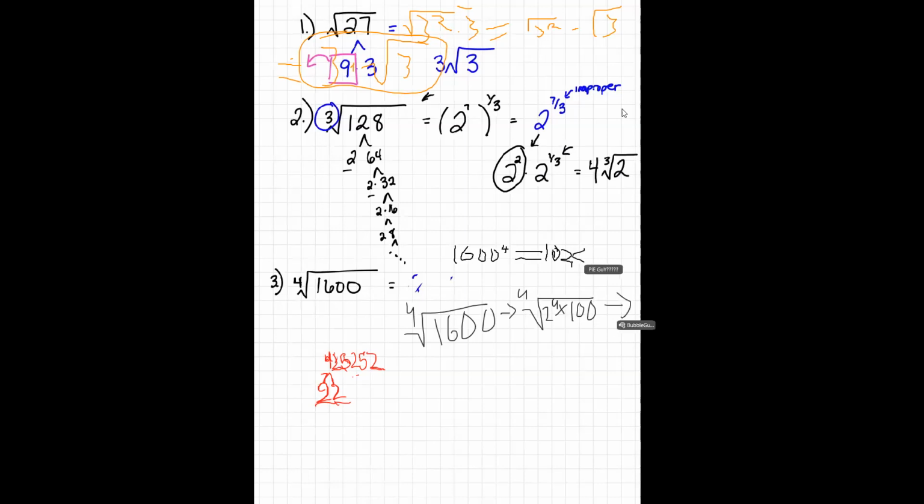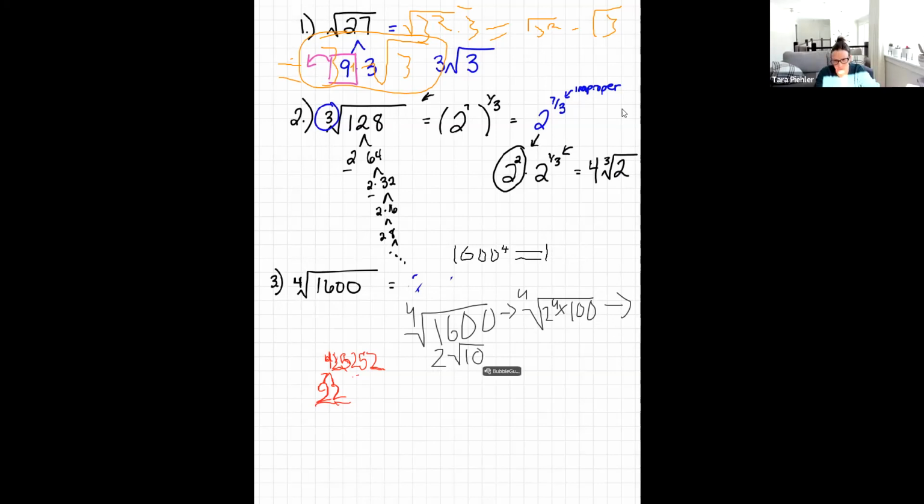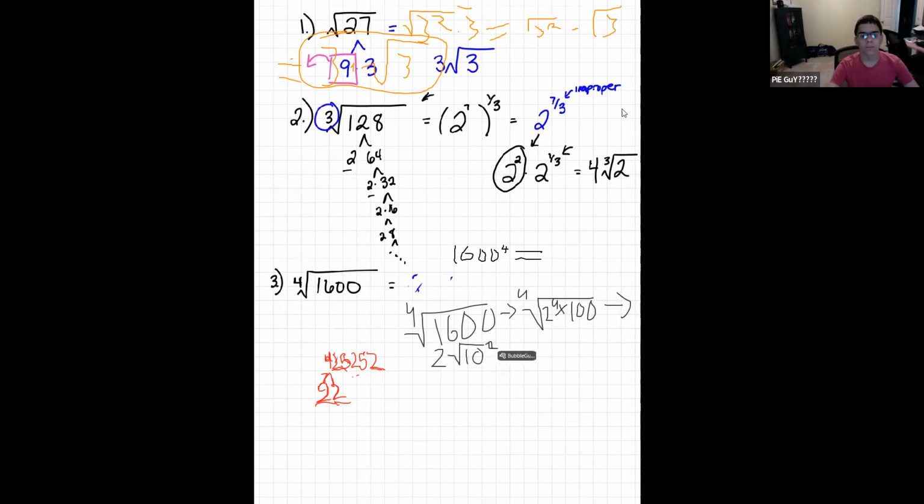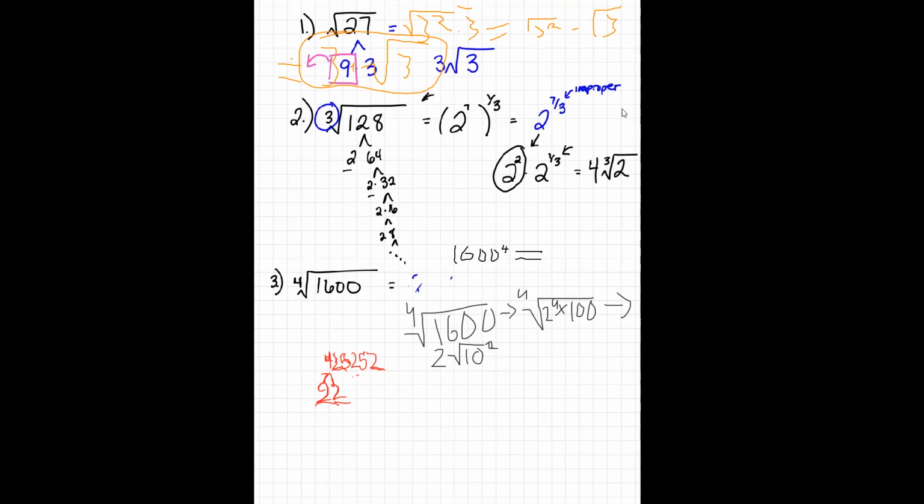We put the 2 outside with the square root there. The 4th root of 10, and then we turned it into 2 times a square root, another root in here. That's 10, 2. And then the answer became 2 to the 10.